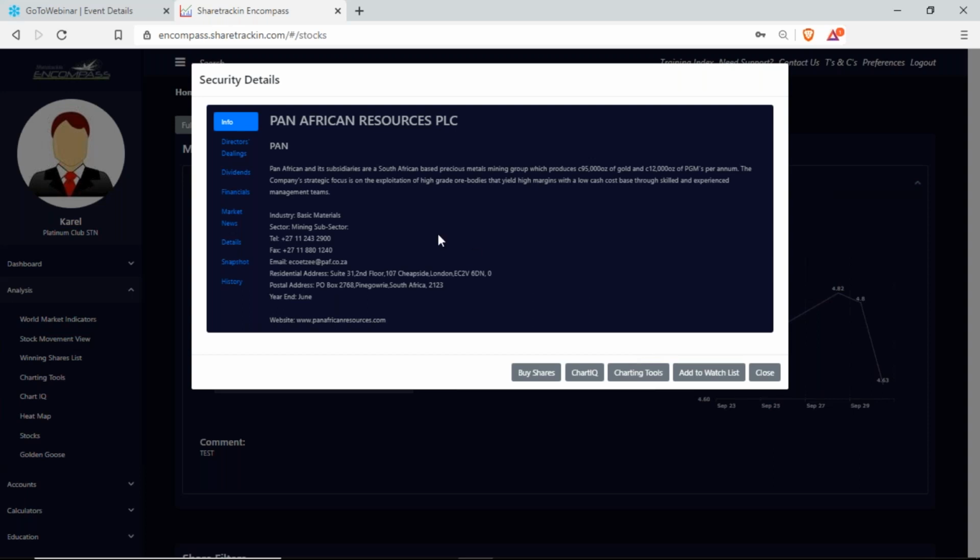From here on, I can see the company that I'm viewing is Pan African Resources PLC. The code is PAN. It gives me a bit more information around the company, a definition of what the company does, the industry, the sector.